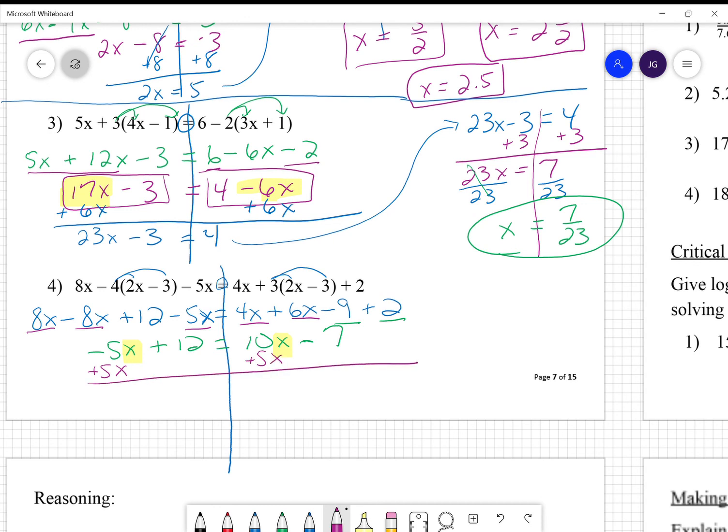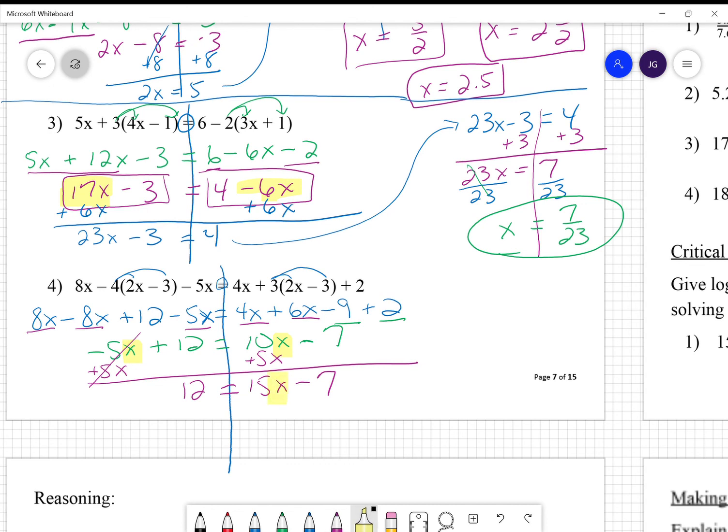Notice I'm lining it up under the like term. Negative 5x plus 5x cancels. I have 12 equals 10x plus 5x is 15x, minus 7 drops down.